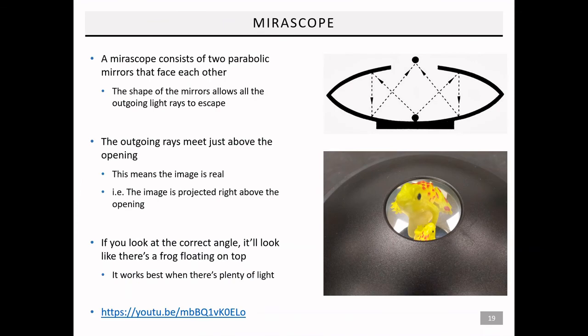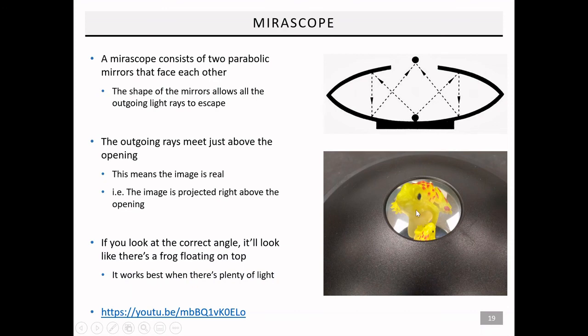This is a really cool example to demonstrate images and objects. And it's one that I'm really disappointed that I can't show you in person. What you would normally see in person, I have this black sort of flying saucer shaped device. There's a small hole cut in the top of it, and inside it is lined with mirrors.